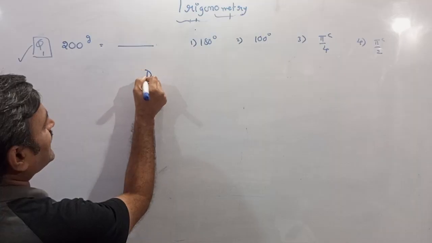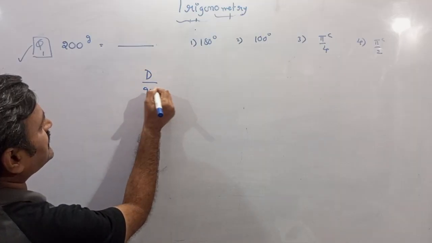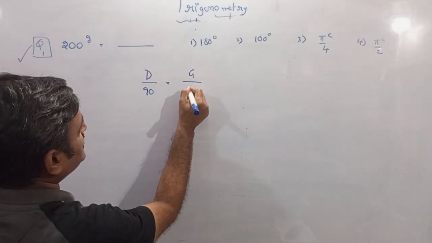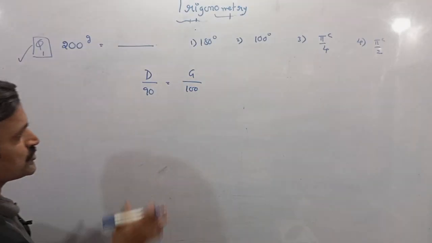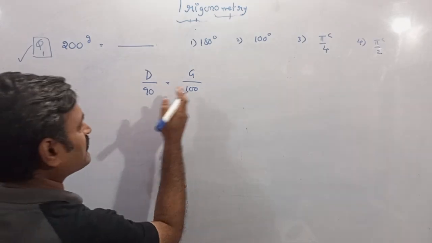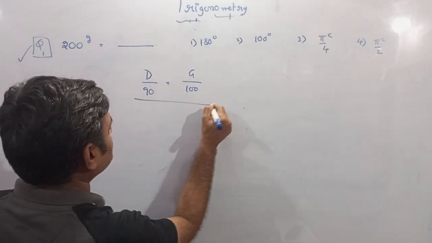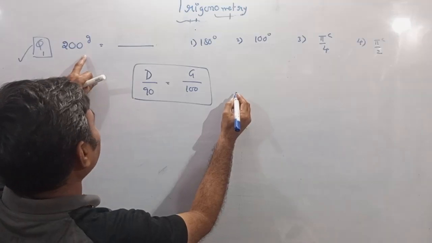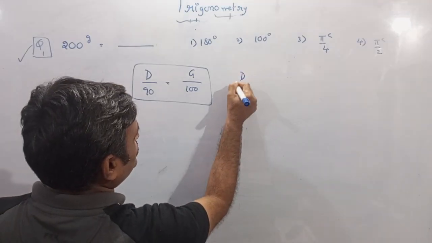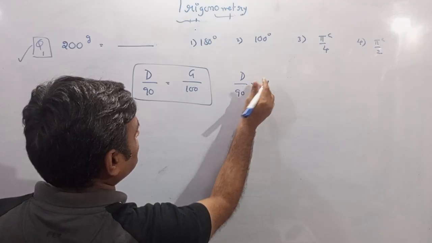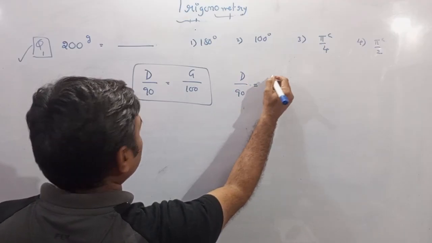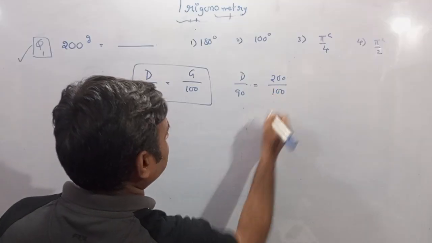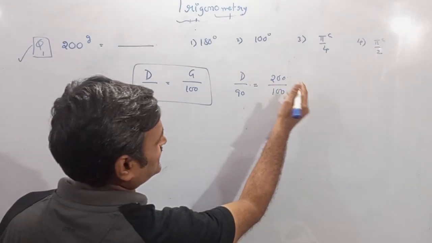The shortcut I have given to you is D by 90 is equal to G by 100. Suppose you take this one, you can find the degrees answer. The G value given is 200, so write D by 90 is equal to 200 by 100. 200 by 100 is 2.